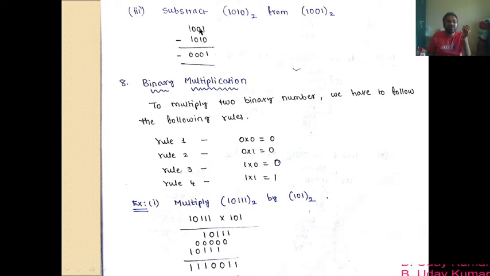The number of digits in 1001 is 4, and the subtracting term also has 4. But while subtracting, a situation arises in such a way that you want to borrow 1 from the higher order column, but there are not sufficient ones in the higher order columns.